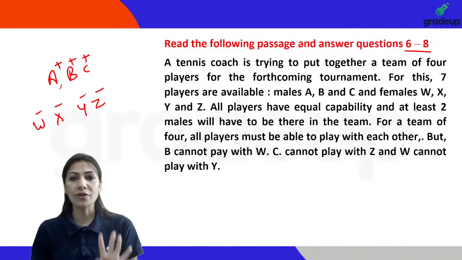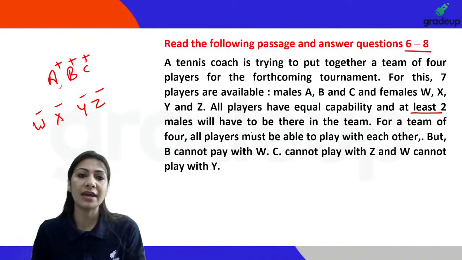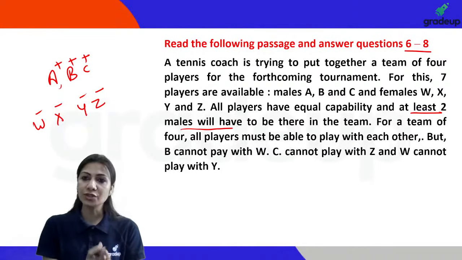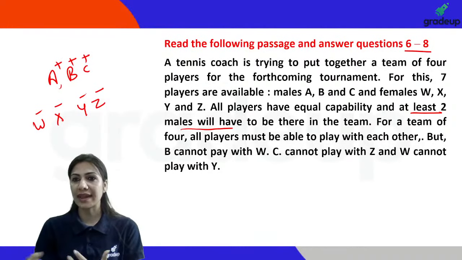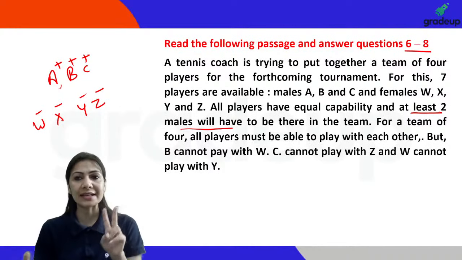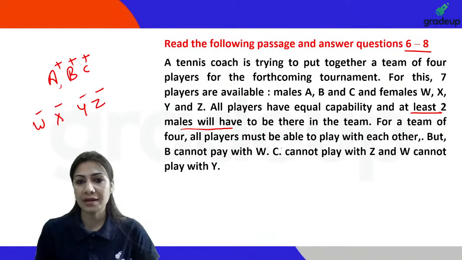So the team is of 4 players, and we have to keep a minimum of 2 male. If at least 2 are male, then the remaining 2 can again be male or female, but at least 2 people will be male. All right. So for a team of 4, all players must be able to play with each other, but we have certain conditions.